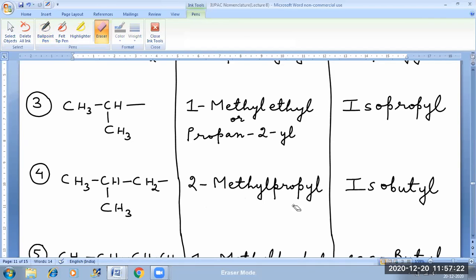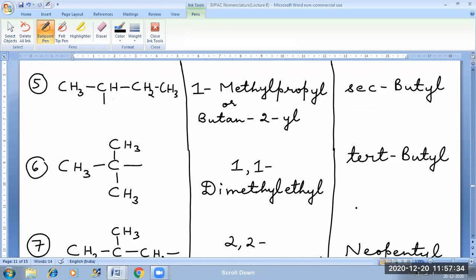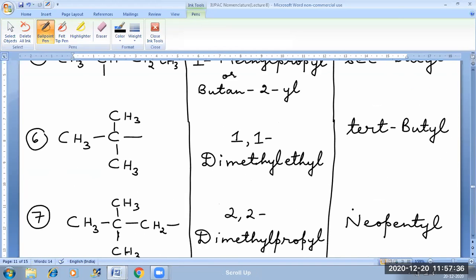But also it is called isobutyl. So you should know the alternative names to these substituents. Similarly, the fifth one, sixth one, and seventh one. So these are some substituents which have more than one name.